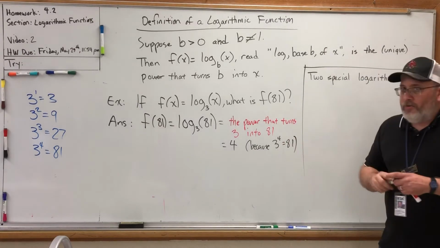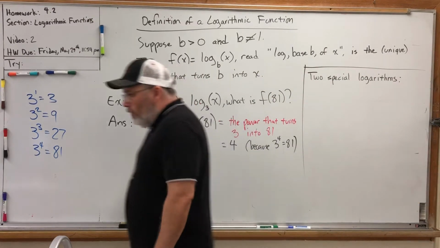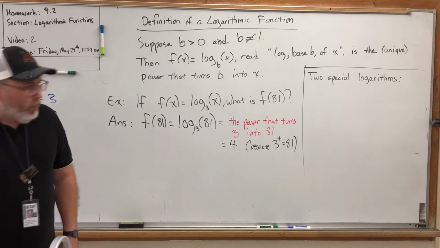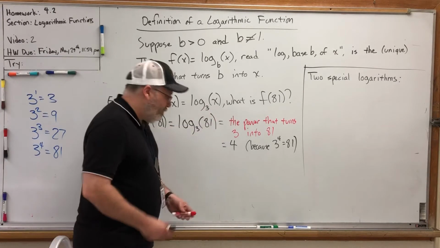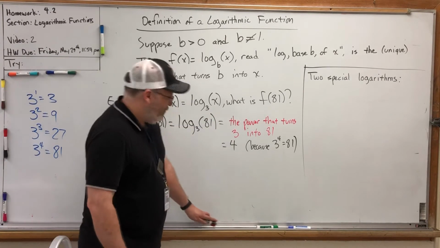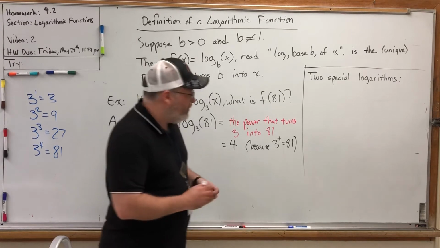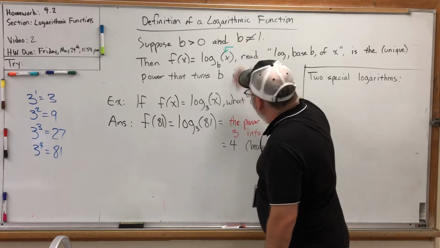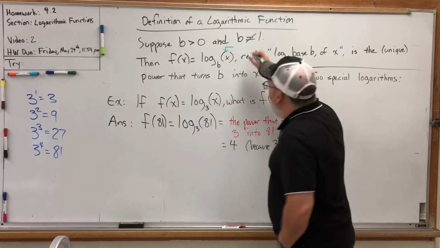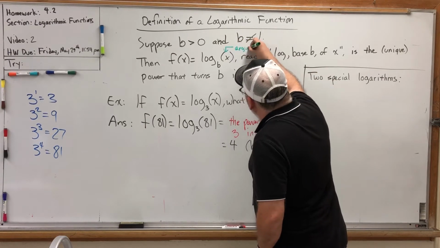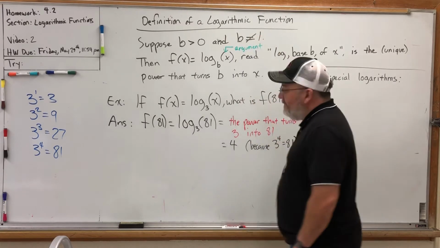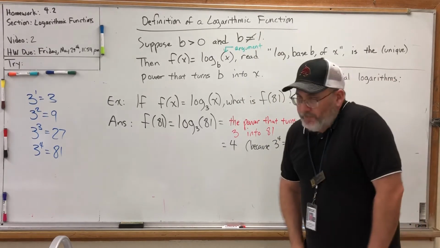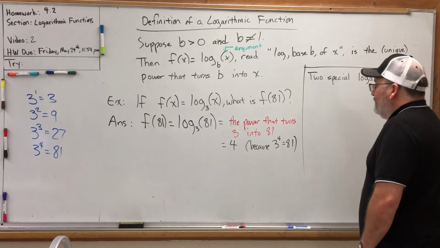So that's all a logarithm is asking. What power turns the base into the input? And there's a vocabulary word that I've yet to sneak in, but I'm going to sneak it in now. The input of a logarithm has a special name. It's called an argument. Technically, the input of any function is called an argument, but for logarithms, I want to focus on that.